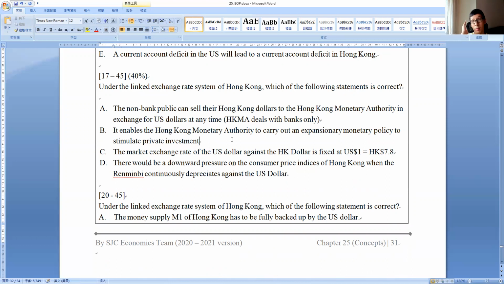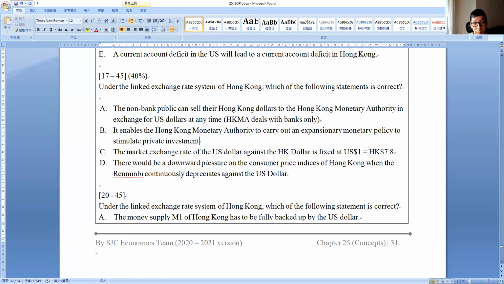No, we just mentioned, right? Hong Kong cannot effectively carry out monetary policy because any change in money supply will be offset by our linked exchange rate system. OK，好嘛？好啦，C market exchange rate fixed 唔講啦，floating 啊。D there would be a downward pressure 嗱，即係答案係 D 啦，係咪？The answer will be D.